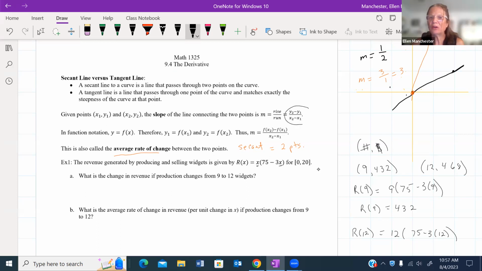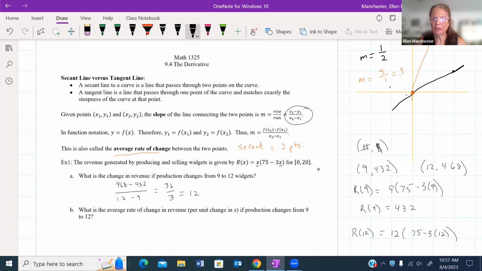So now I can go back to using my slope formula, because what I'm looking for is how it has changed between 9 and 12 widgets. I'm going to do my Y minus Y over my X minus X. So 468 minus 432 is 36. 12 minus 9 is 3.